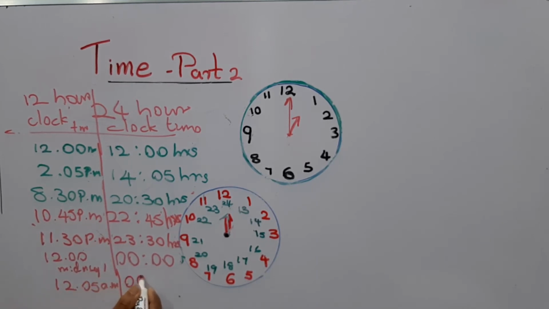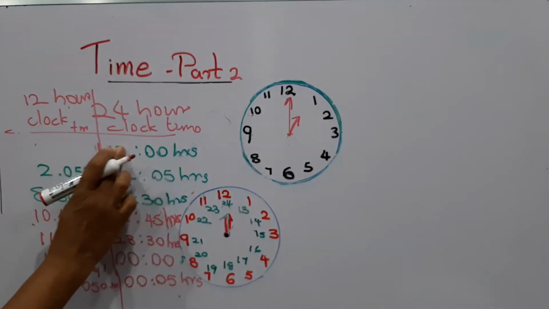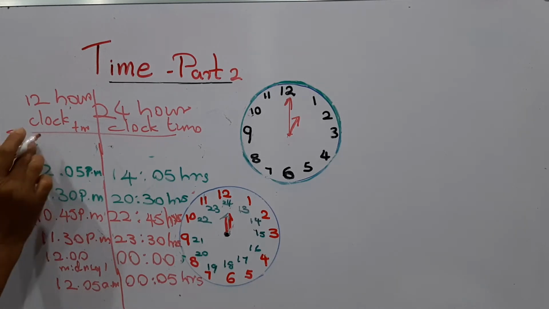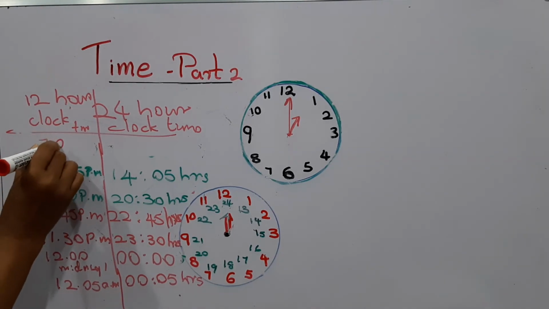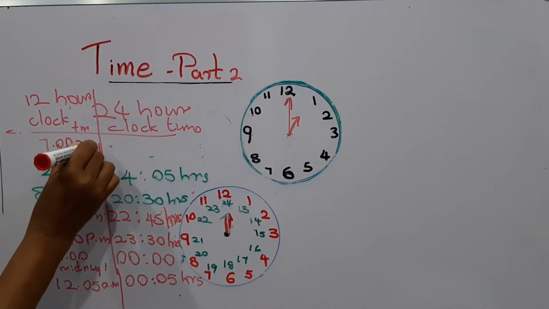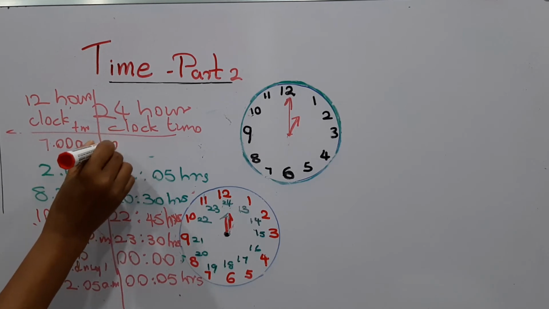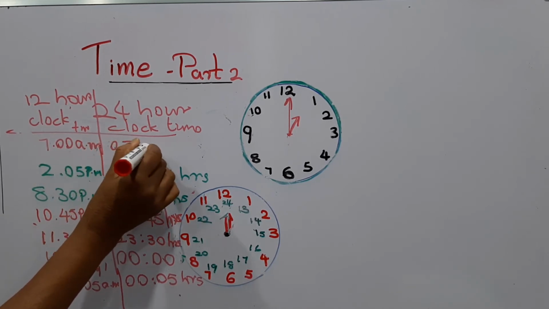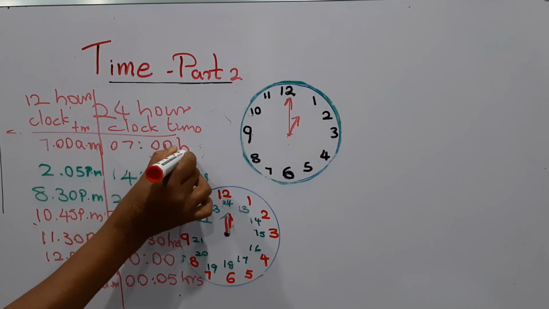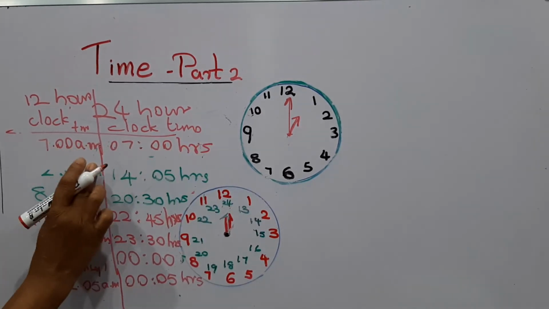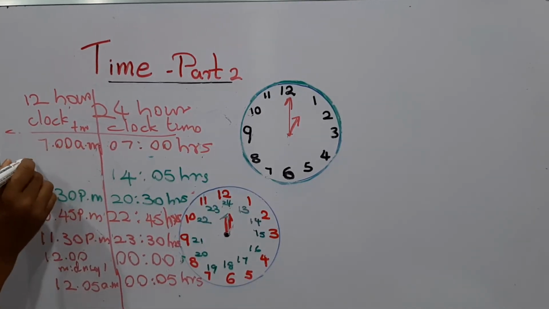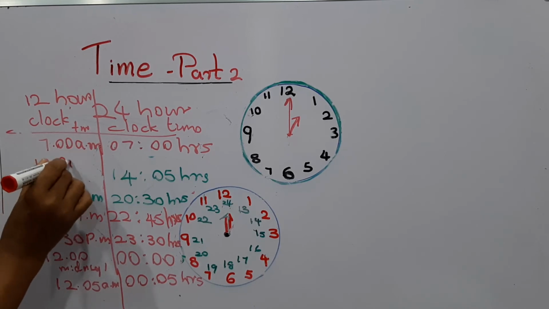That means 5 minutes past. That is a new day, right? Okay, then we can write again after 12:05, 7 AM. We are writing like this, 7 hours. Then think about the time is 10 AM.